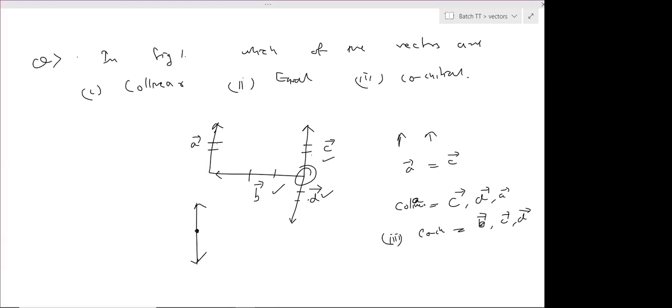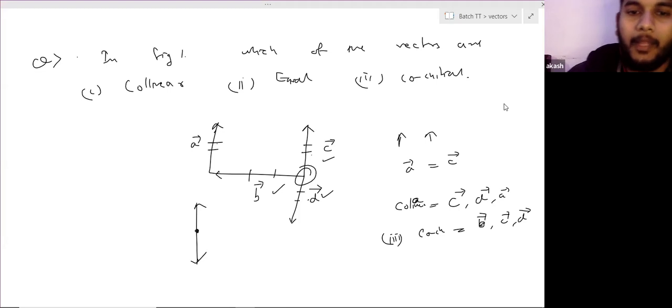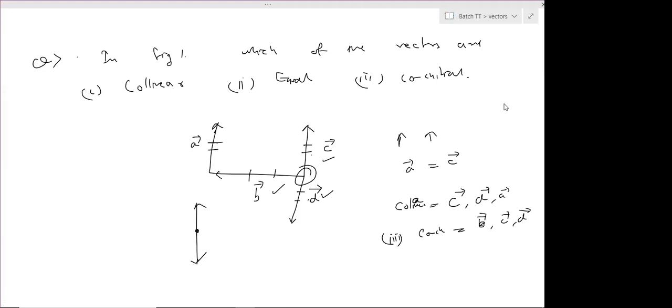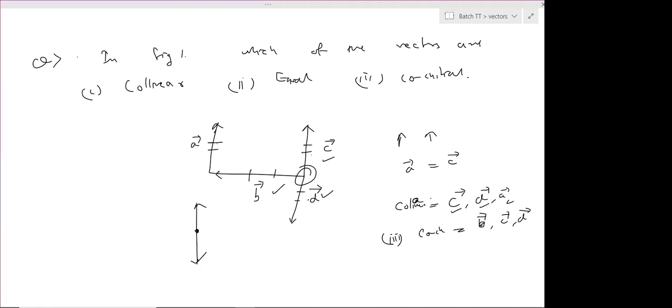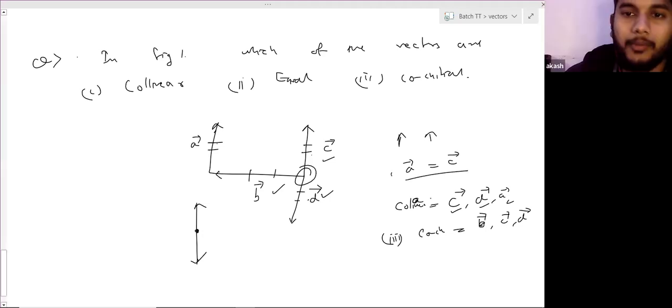A and C should be collinear, right? Yes. Sorry, my bad. A and C are also collinear. C vector, A vector, and D vector, all three are collinear. And A and C are equal as well, right? Yes, A and C are equal also. All right.